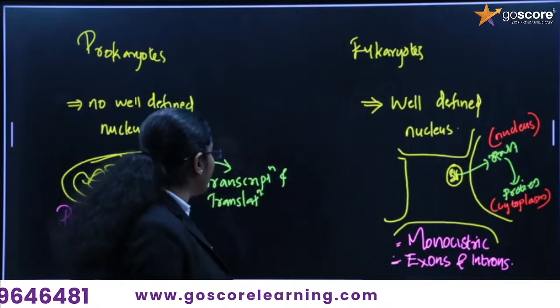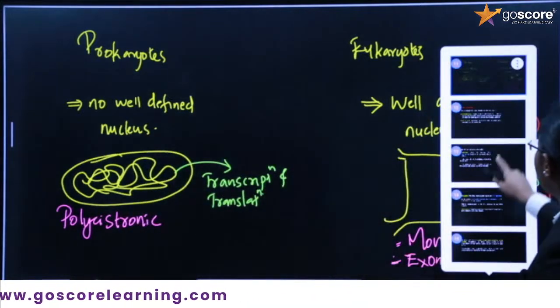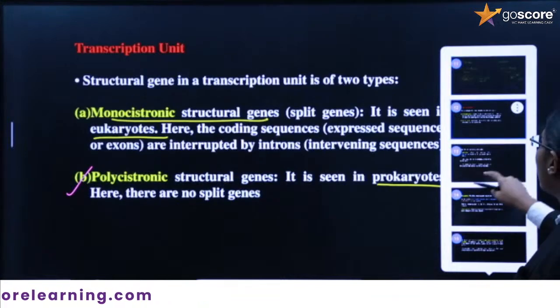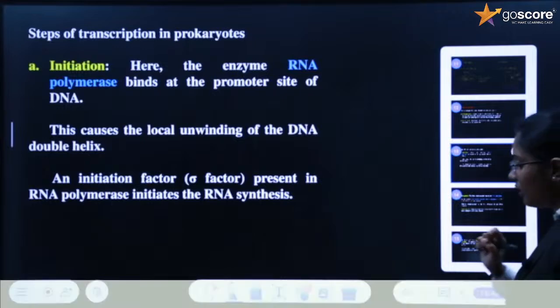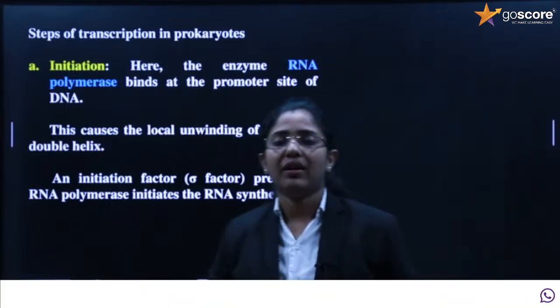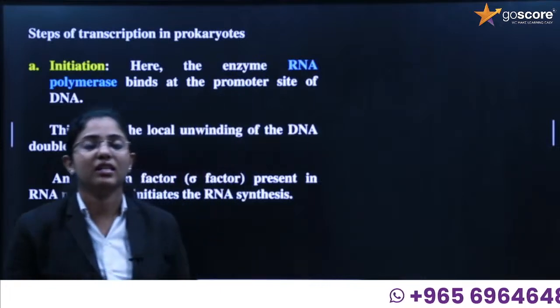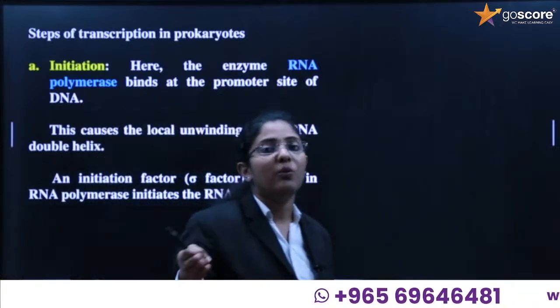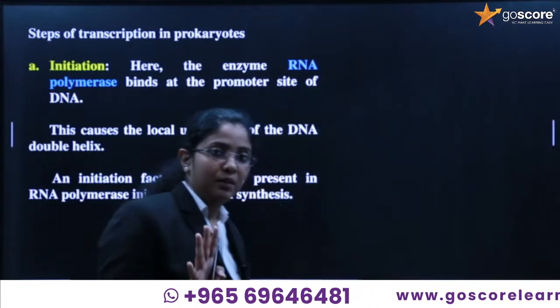Let's move on to the steps of transcription. What are the different steps of transcription? The transcriptional unit we have already studied, monocistronic and polycistronic. Monocistronic structural genes are present in eukaryotes, whereas polycistronic structural genes are present in prokaryotes.